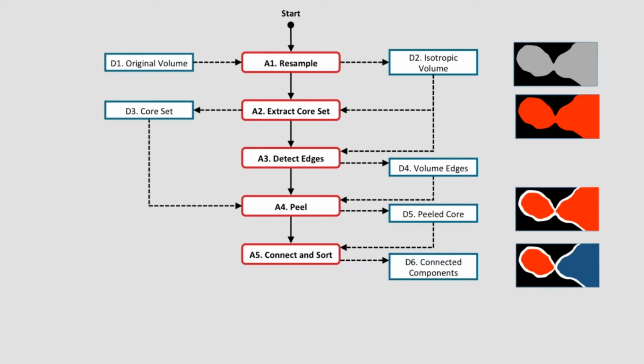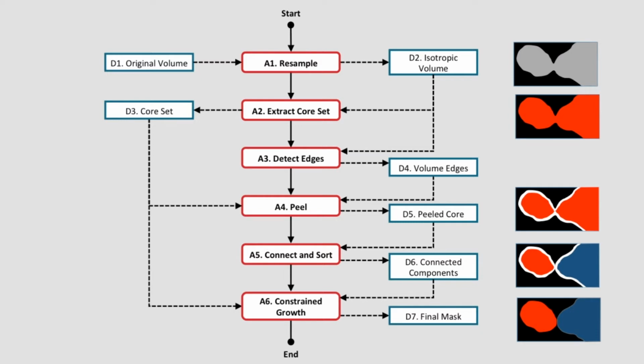In step 5, the algorithm breaks up the peeled core set into blobs or connected components. It then determines which connected components are to be retained and which ones should be discarded. And finally, in step 6, the selected connected components are subjected to constrained growth or dilation.